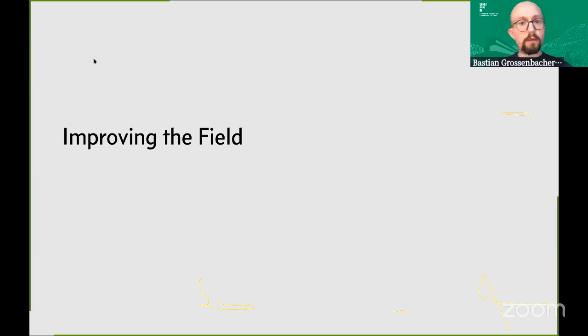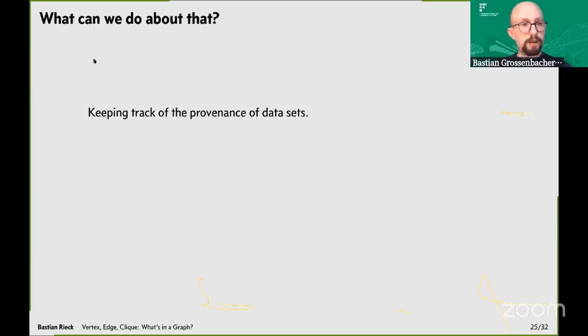Now, towards the end of this talk, because I want to go into the discussion phase, let's talk about improving the field. What can we actually do to improve the field? There are certain things that we could do easily. We could keep track of the provenance of datasets. This is already starting within NeurIPS's datasets and benchmarks track, although there are always improvements, right, to the status quo. One could think a little bit more about how to actually manage this, and how to make sure that these datasets are maintained and well preserved.